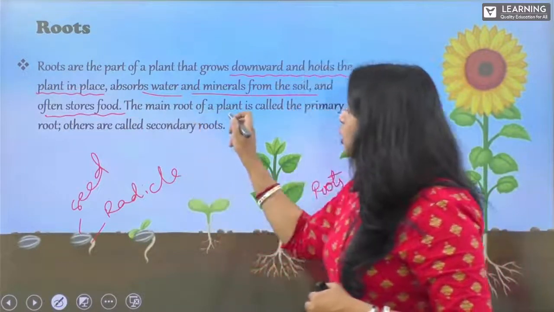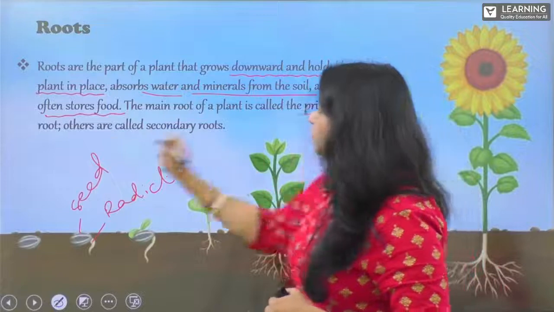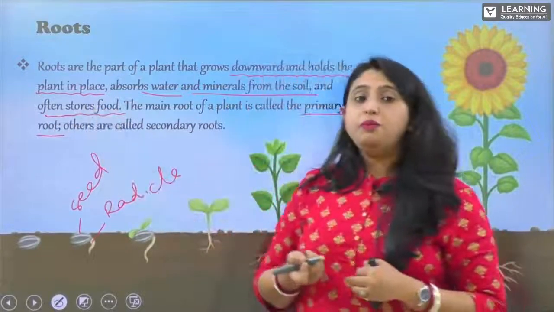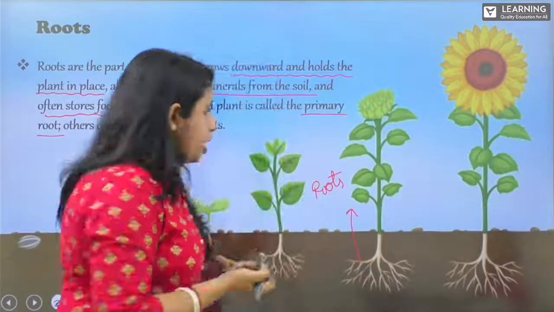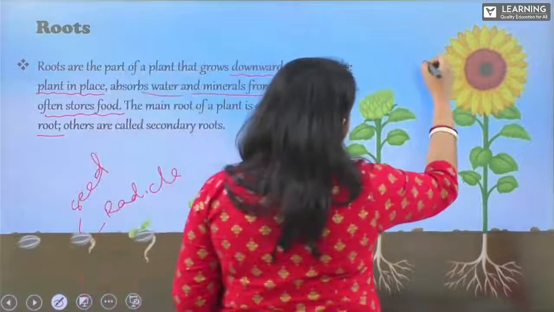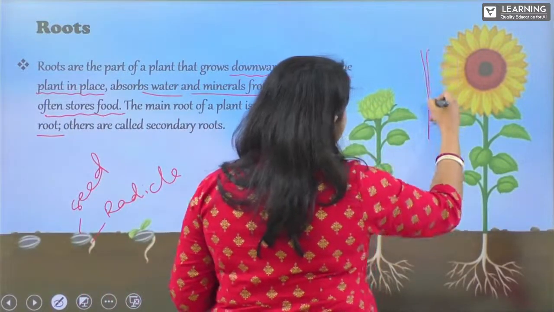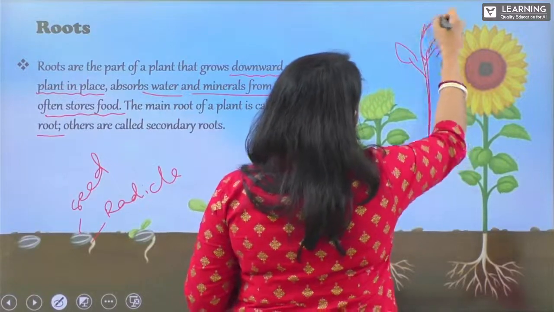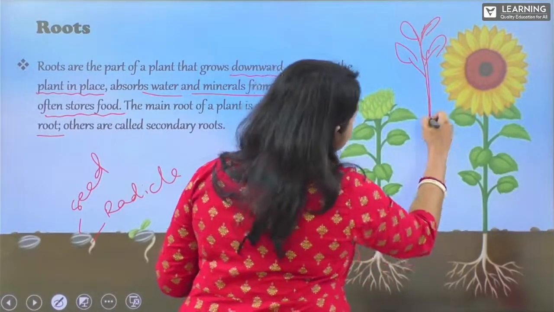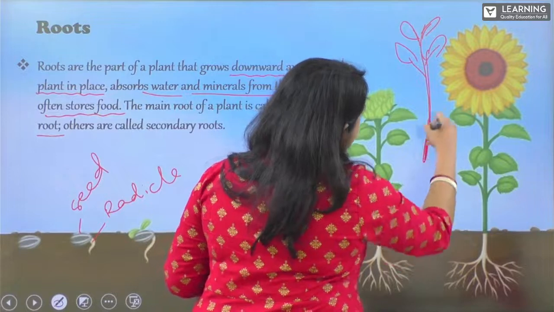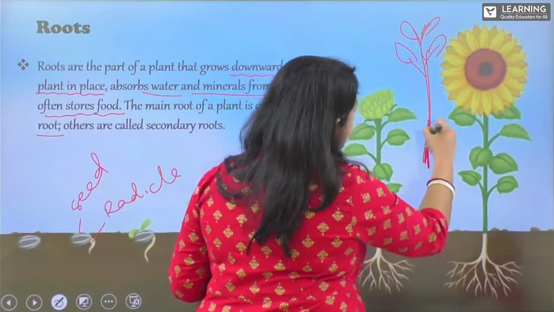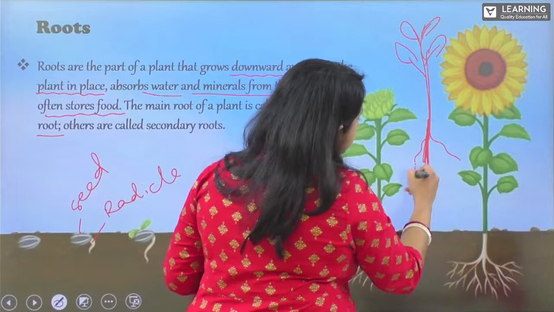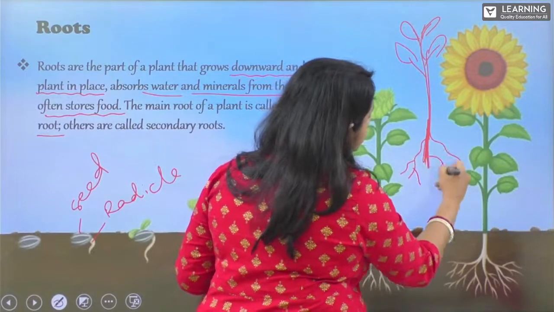The main root of a plant is called the primary root, okay? For example, this is a plant. This has leaves, right? So this root will be your primary root, okay? From here you will see several other roots coming out.